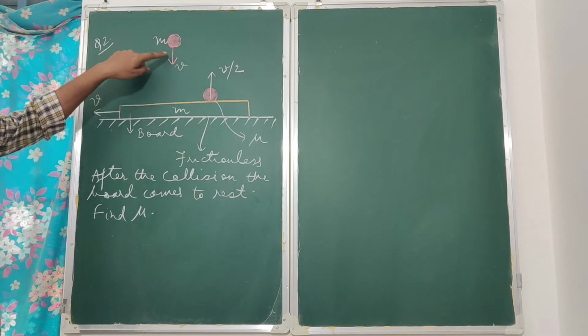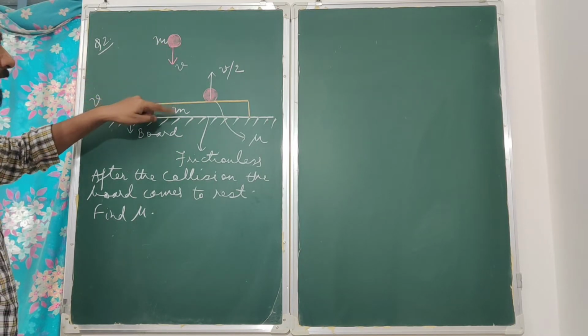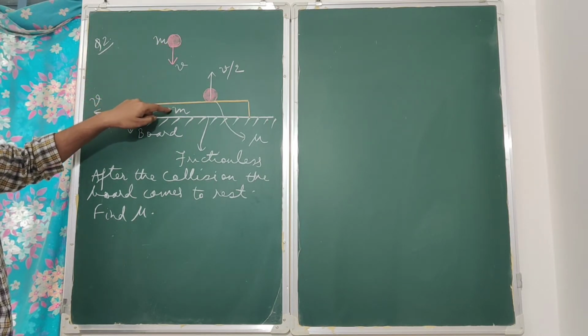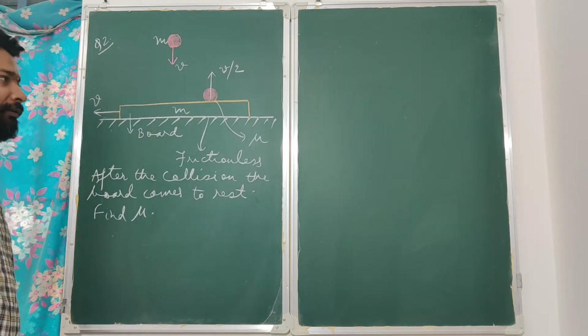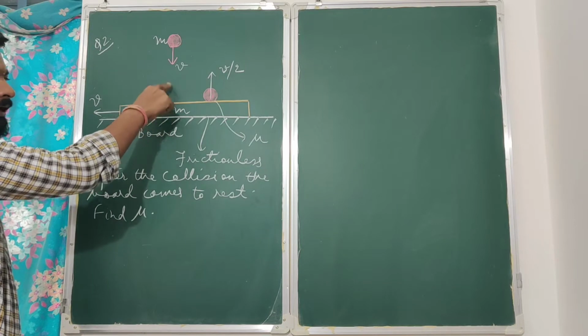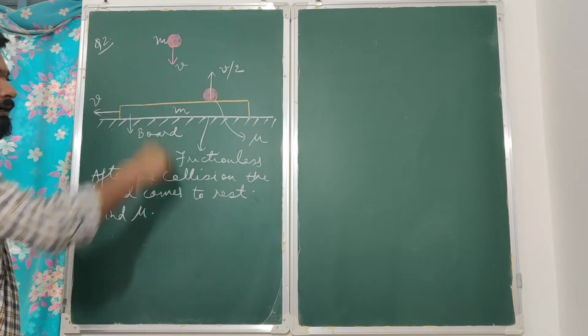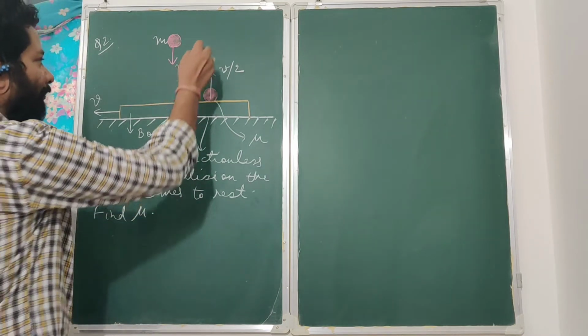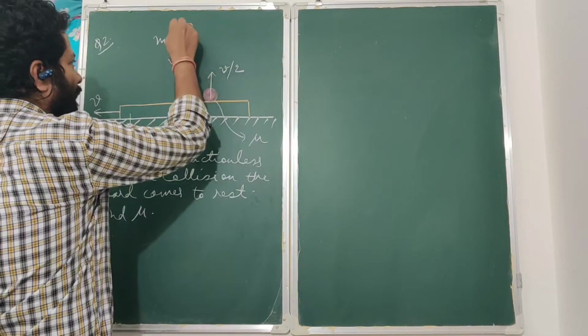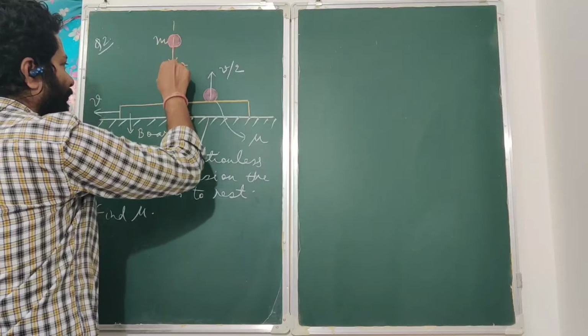Also, when this ball is going to strike this board, there will be some impulsive force. What will be the direction of the impulsive force? It will be along the line of impact, and you can see here the line of impact will be vertical. So this will be the line of impact, correct?